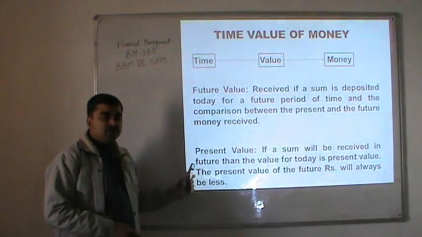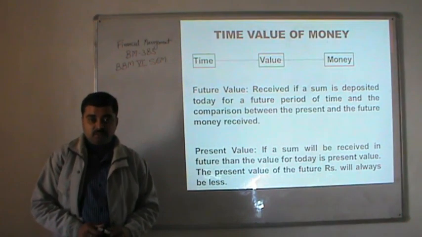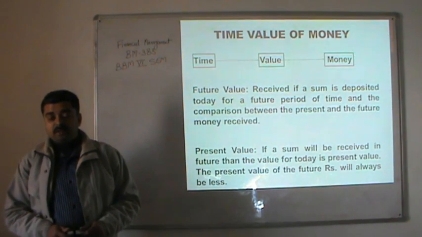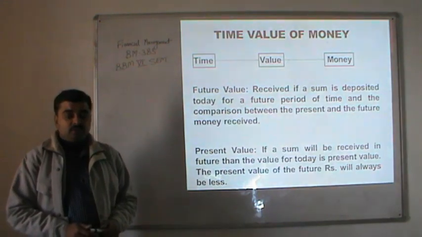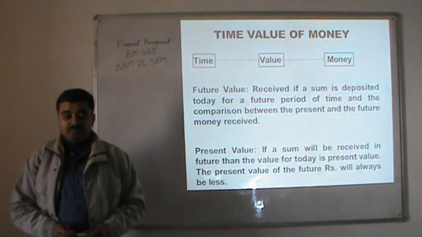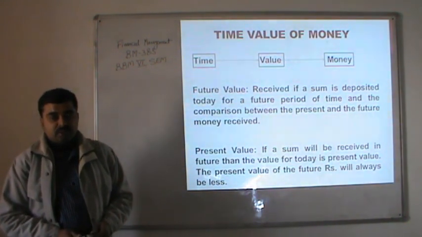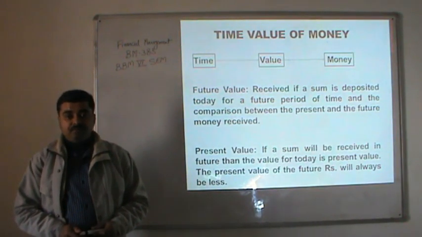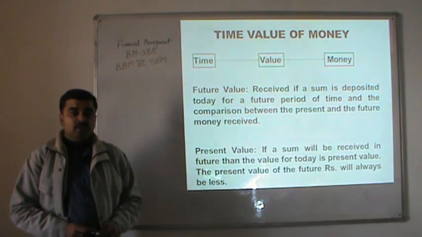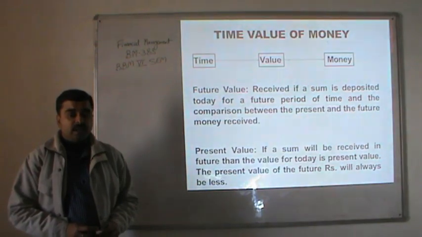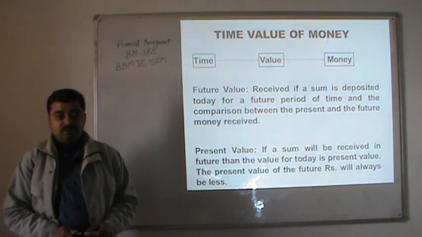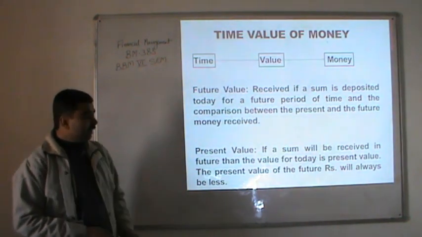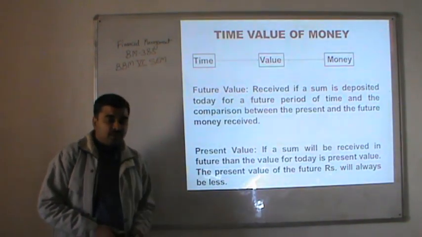Similarly, we have the reverse concept, which is called present value. Suppose I am getting 1400 rupees in future, that is, after 1 year. What will be the value which is to be invested to get the 1400 rupees after 1 year? That will be called the present value.